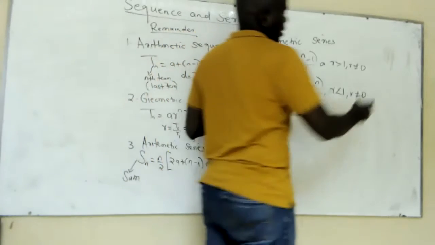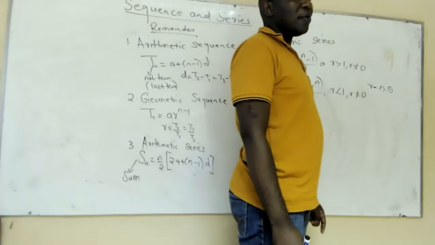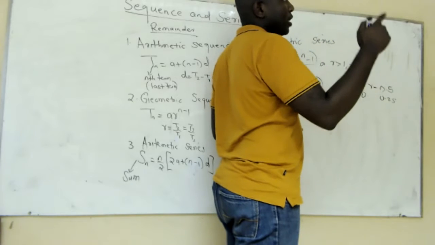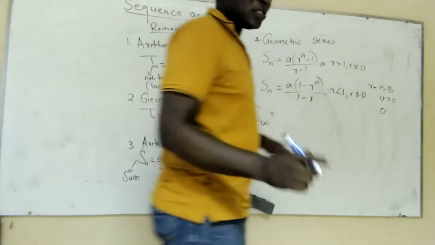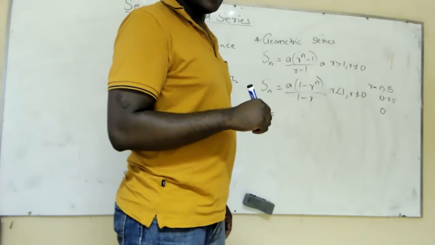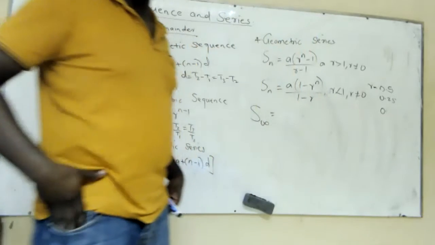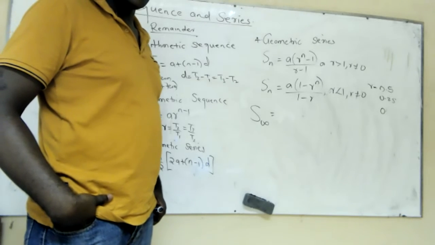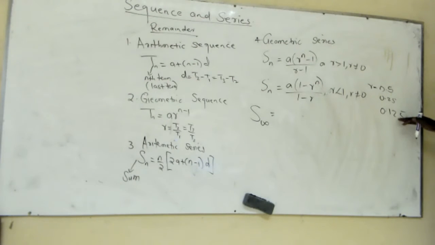For example, an example is r equal to 0.5. 0.5 squared is 0.25, and then 0.5 to the power 3 is 0.125.